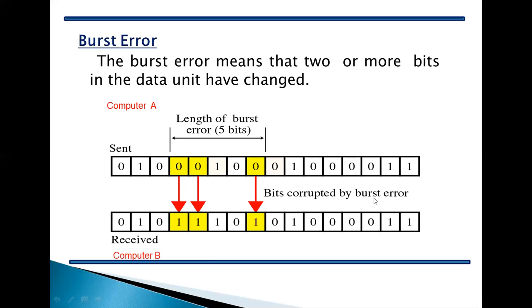Bits corrupted by the burst error, listen here: single bit error means only one bit, burst means more than two. Length of the burst error is 5 bits. That means first 1, 2, next counted 3, 4, and last one 5. That means 5 bits error.